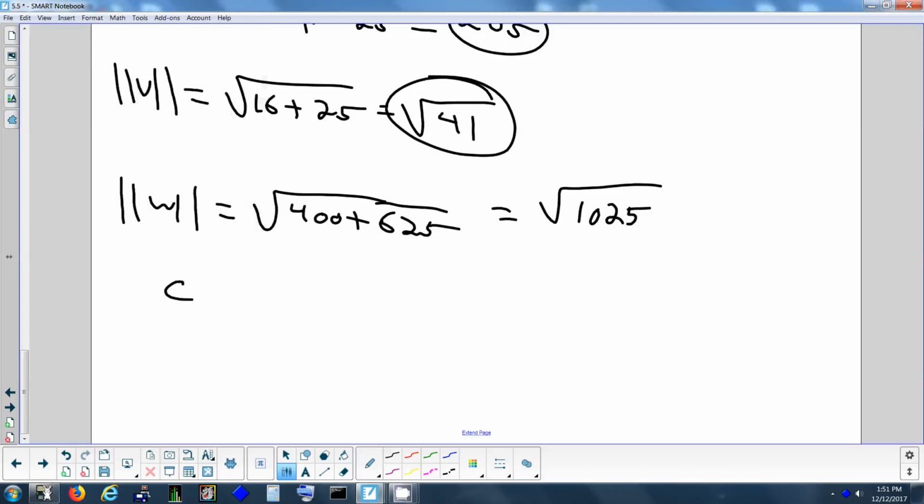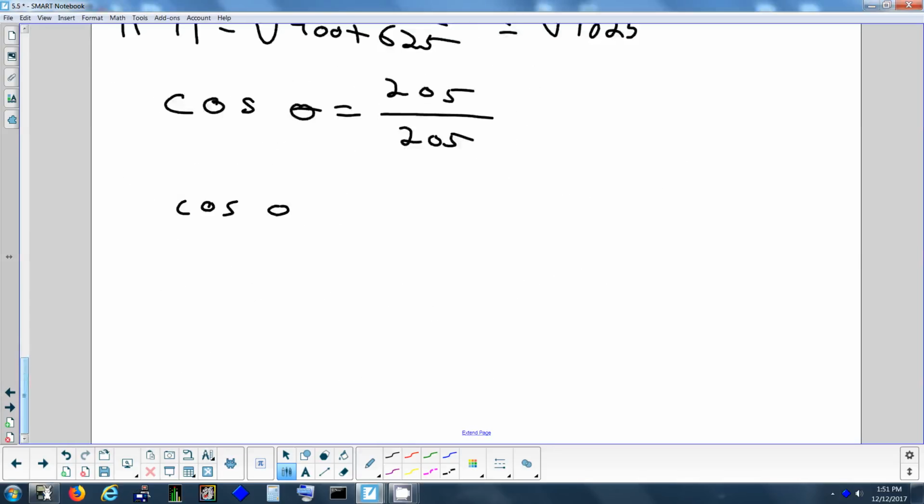So if you got that and you're like, you know what, I still don't recognize what's happening, plug it into your formula. What was the dot product? 205. What was the product of the magnitudes? 205. When you divide them, what do you get? 1. And how would you get theta by itself?